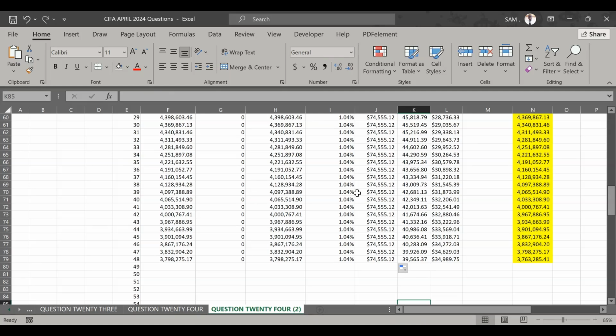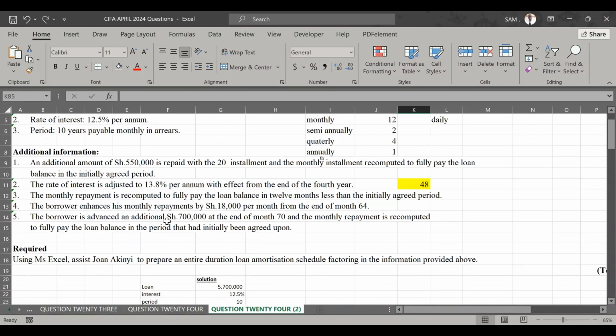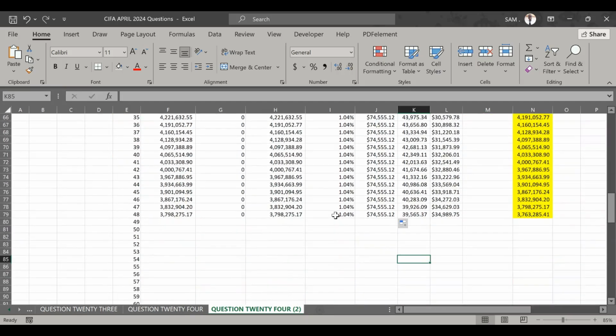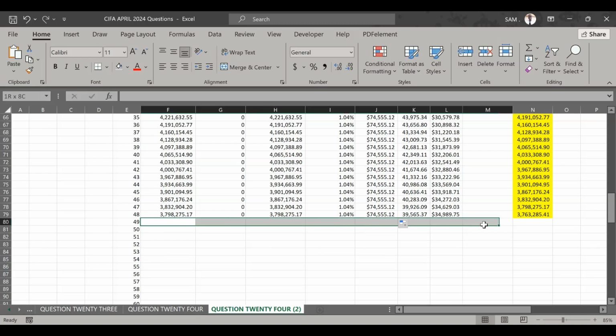And in month 48, I want us to see what adjustment we are supposed to bring here. What adjustment is the examiner telling us? Look at note number 2. The rate of interest is adjusted to 13.8 per annum with effect from the end of the 4th year. So, is our 4th year or month 48 affected? The answer is no, because this adjustment takes effect at the end of month 48, meaning we are only going to affect our computations of installment from month 49.